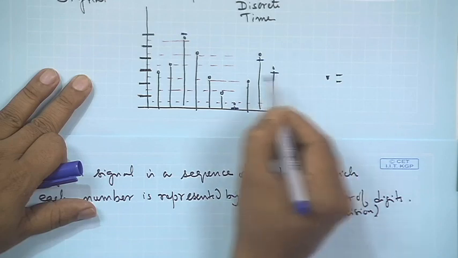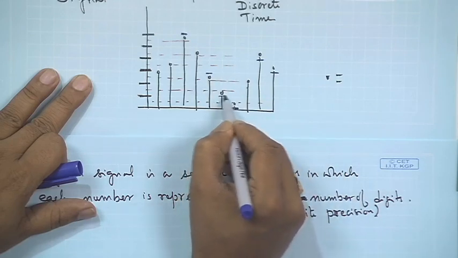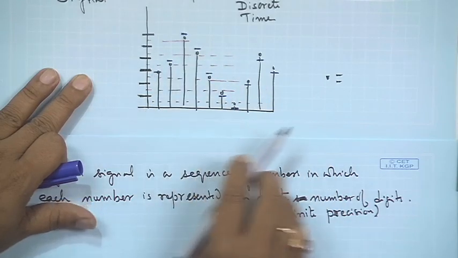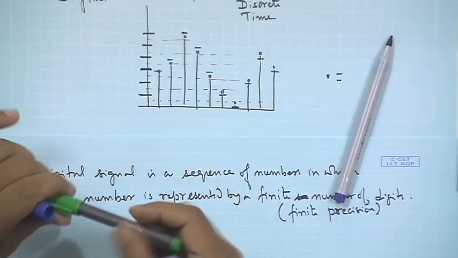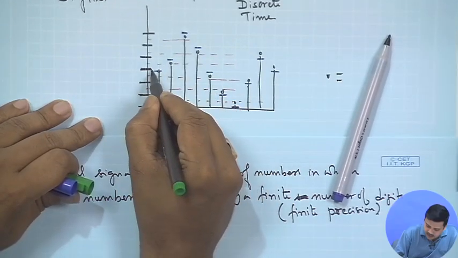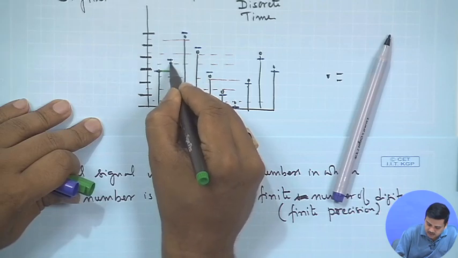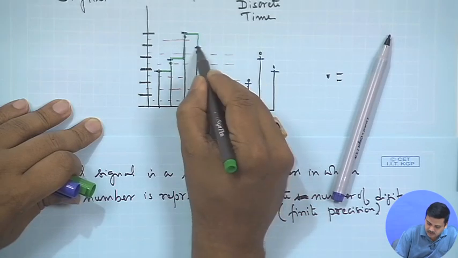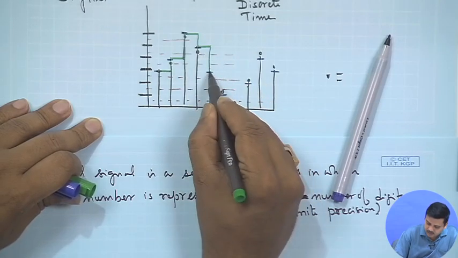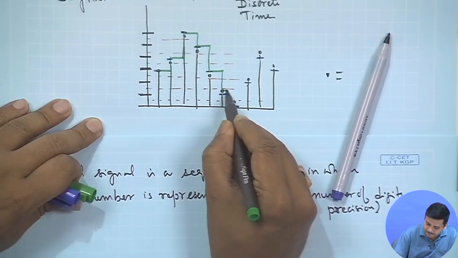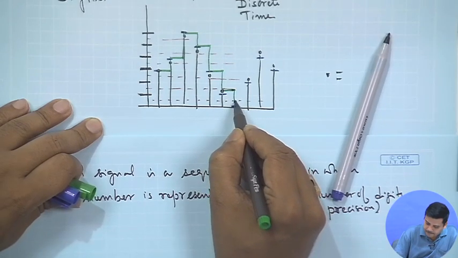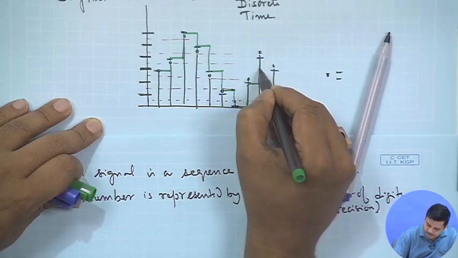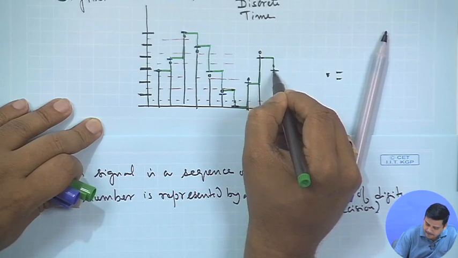So, after conversion, a signal might look like something which we are going to draw very soon. So, after conversion, the signal might look like this, and so on.